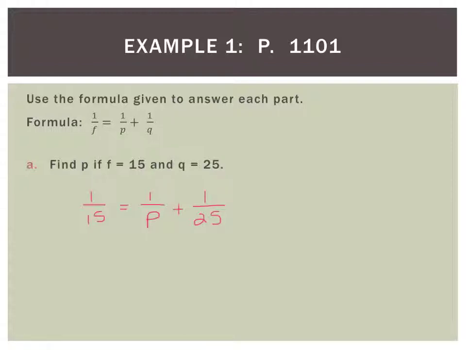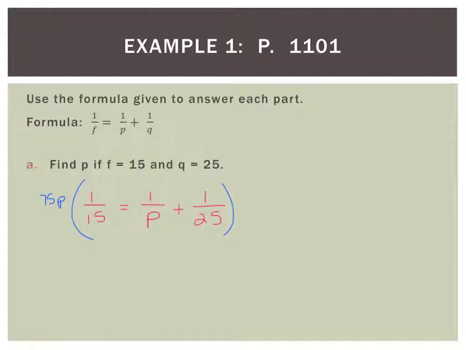Now to solve for p, the first thing I'm going to do is multiply by my least common denominator. I'm going to look for something that 15 and 25 have in common, which is 75.